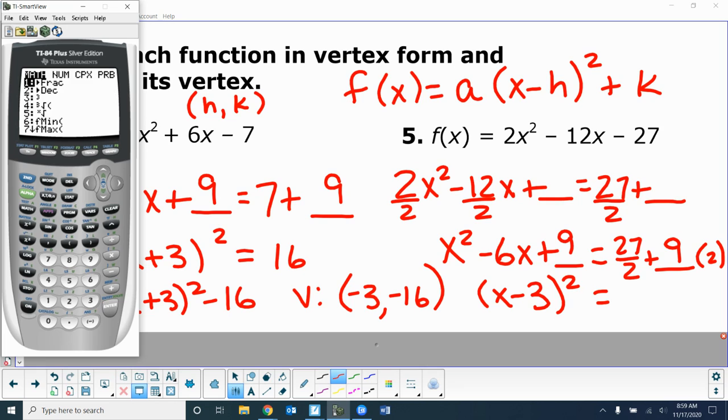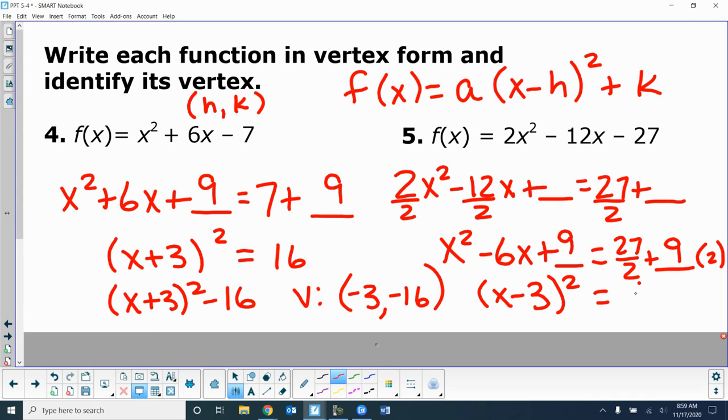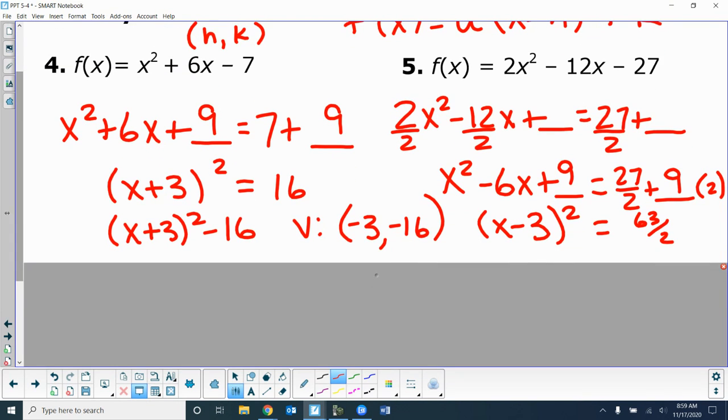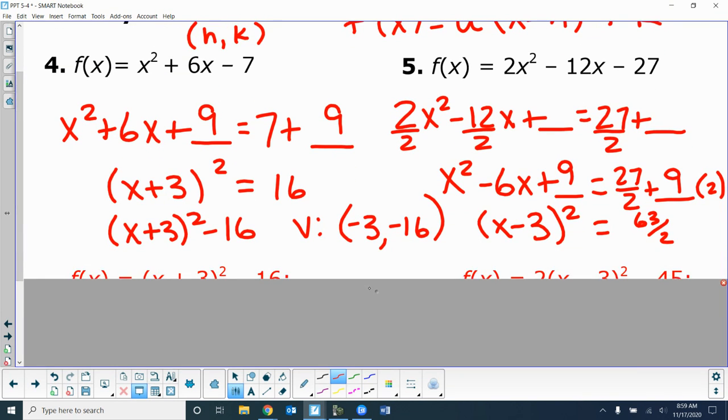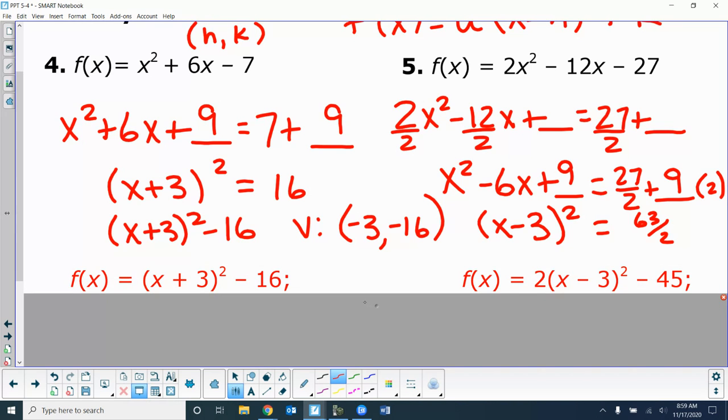All right, and then math, fraction, 63 halves. Okay, so they probably put it as a decimal. All right.